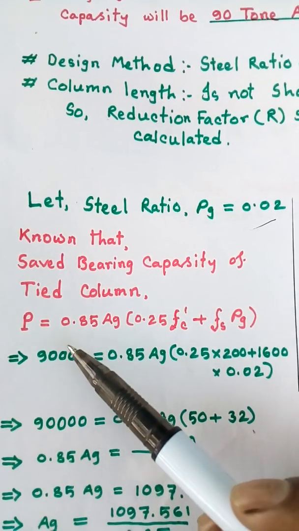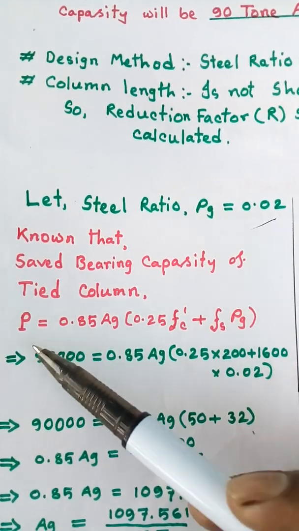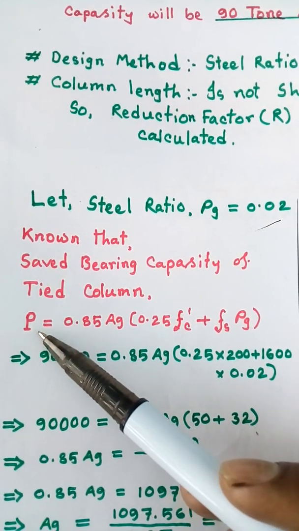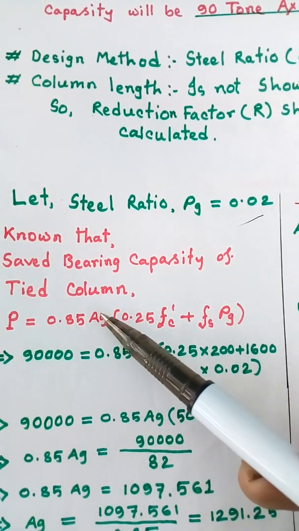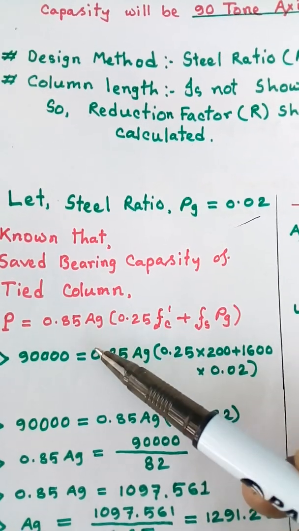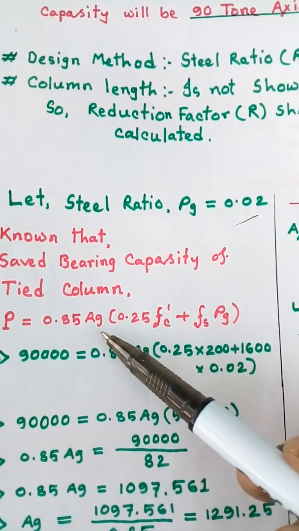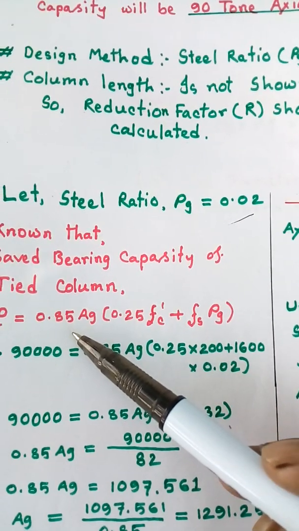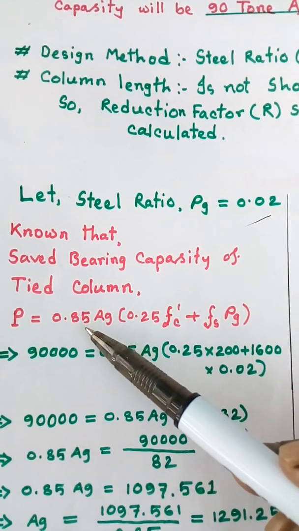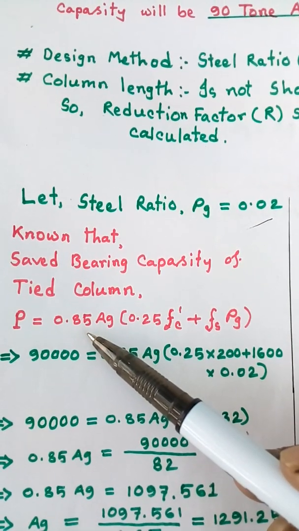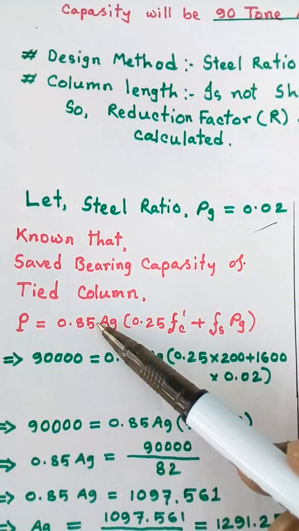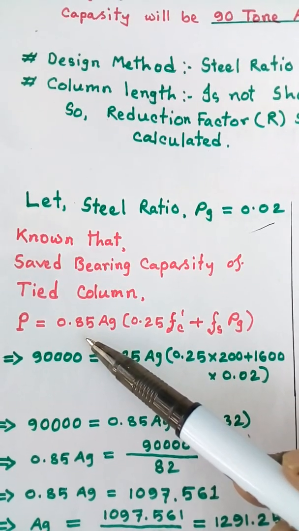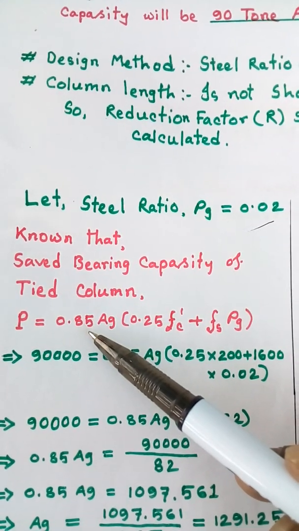In this formula, P equal to the amount of axial load, Ag stands for the cross sectional area of R.C.C column, and 0.85 stands for the load factor for R.C.C tied column.